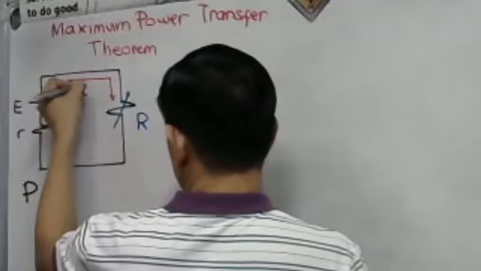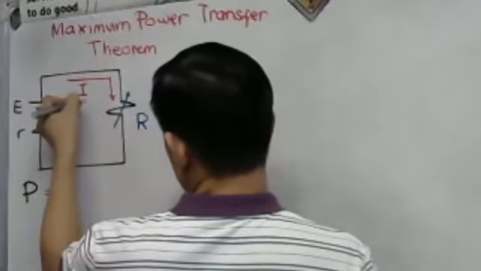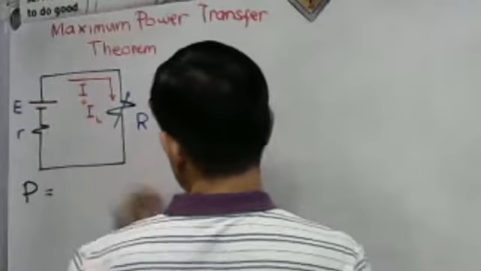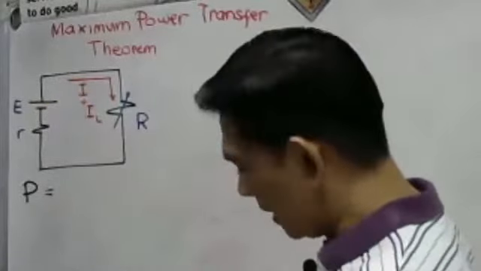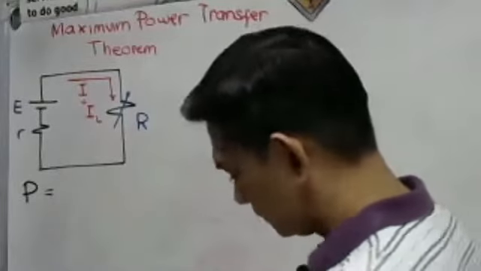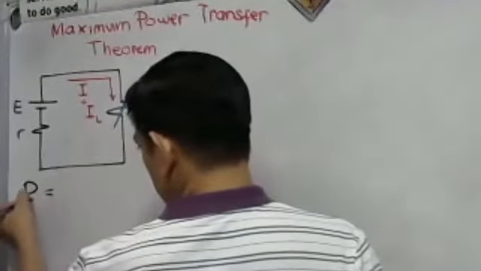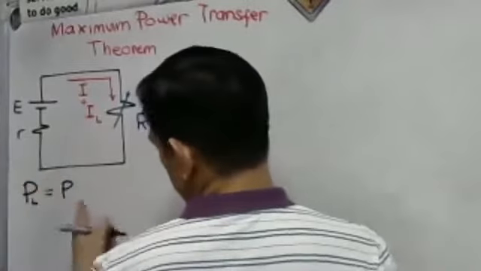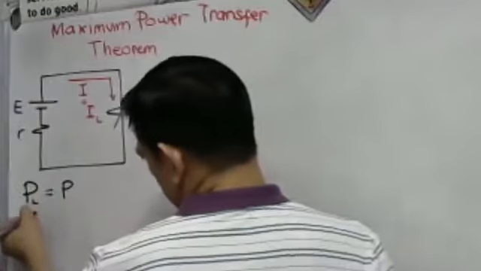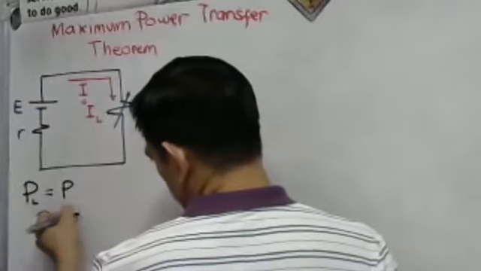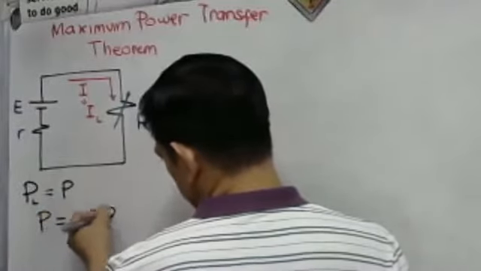So, this is our current I, or simply our load current. Then our power, simply P. So, our power P is equal to I squared R.